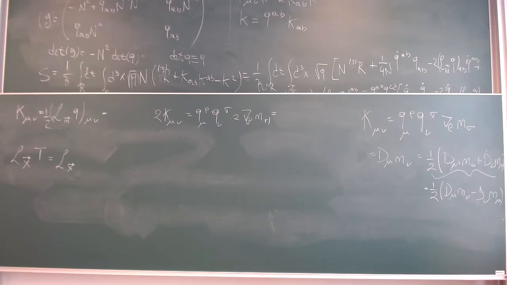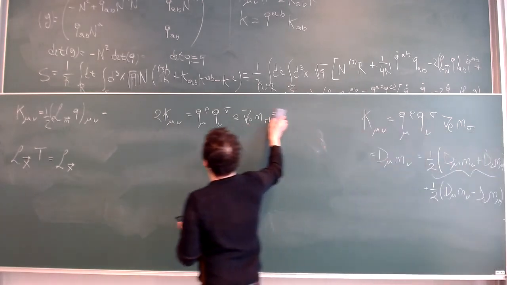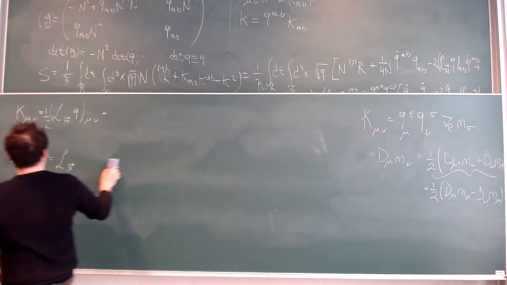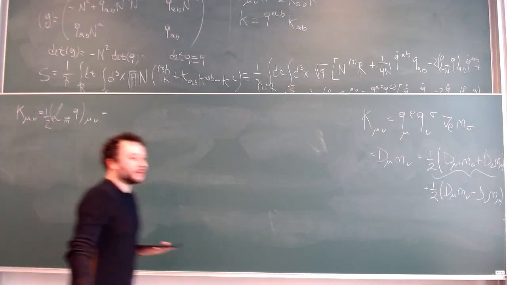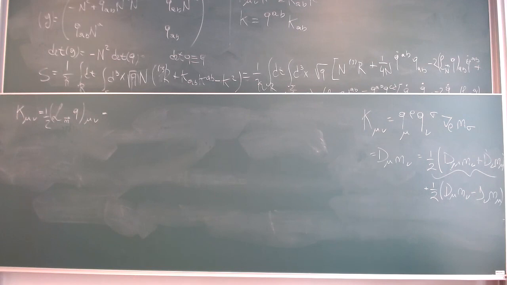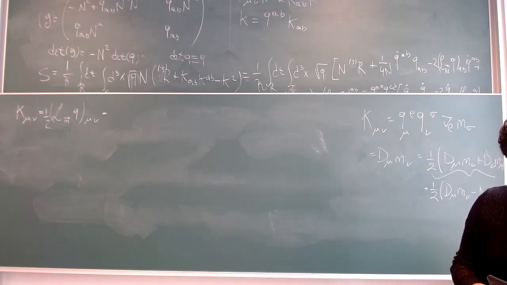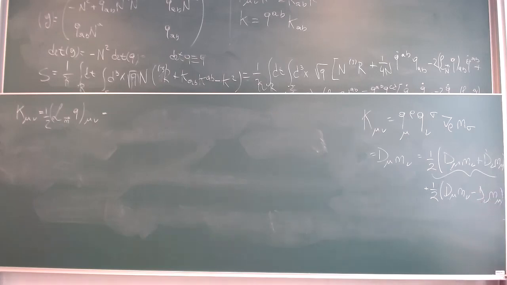And then where did the Q dots come from? The Q dot comes from the time derivative. You replace the small n by big N and d/dt.